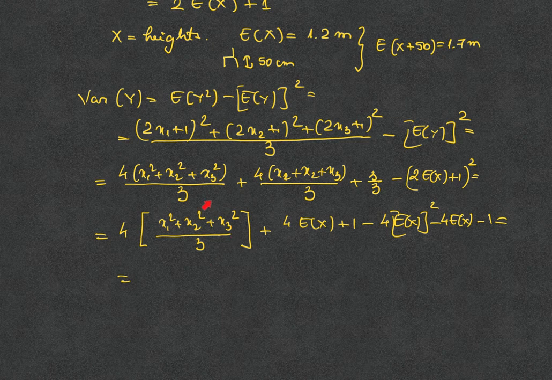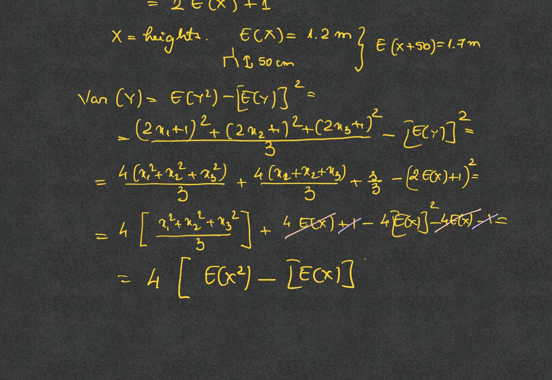Then I start forming here E of x squared. That's 4E of x squared. I open this bracket here. There are some terms now that cancel: 4E of x minus 4E of x, plus 1 minus 1. So see how I get 4 brackets, E of x squared, which is this expression here, minus E of x squared.